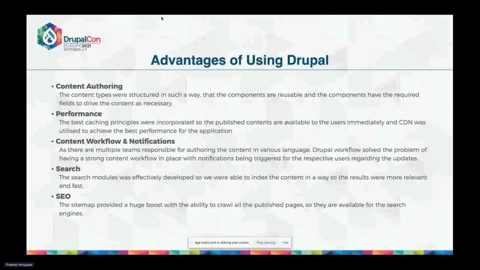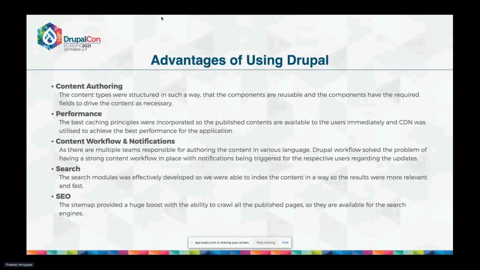So that was one. And coming to the performance, again, I think we tried to get the best caching principles in place. It could be clearing your caches as and when content is published, so that there is no delay and the latest content is available to the users. And because I said the components are reused between pages, we also use cache tags efficiently, so that as and when a particular child content is published, the cache for the other related parent pages also gets cleared, so that the newer changes are available to the end users immediately.